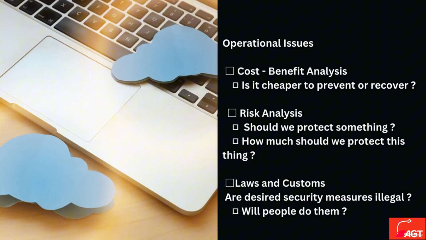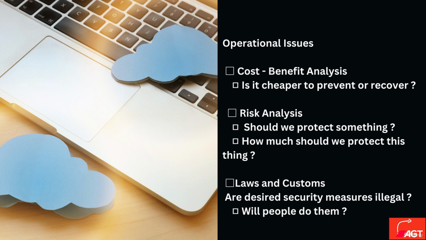Organizations must take a variety of things into account when developing and maintaining security measures, since operational difficulties are crucial to cloud security. Details of a few operational problems with cloud security are provided below. Cost-benefit analysis. In order to decide whether or not to invest in security measures, organizations must perform a cost-benefit analysis.